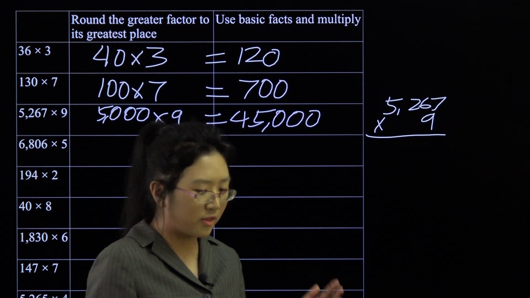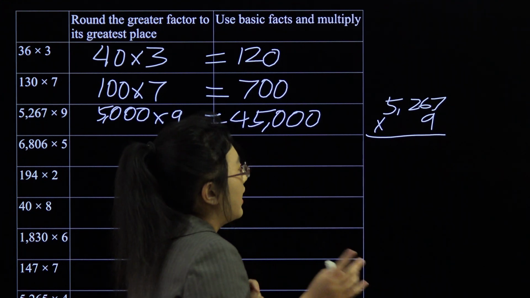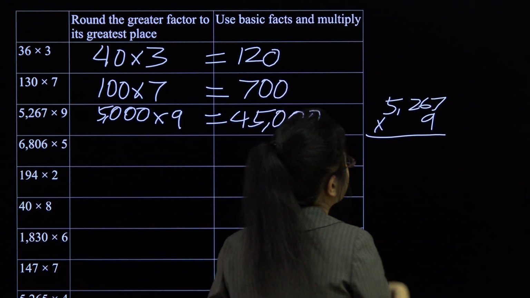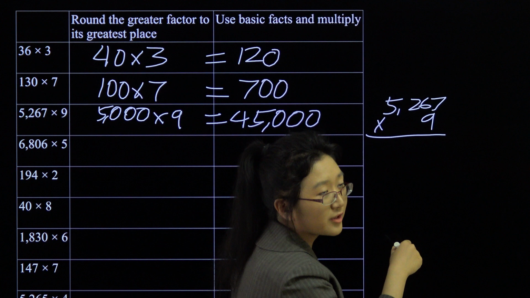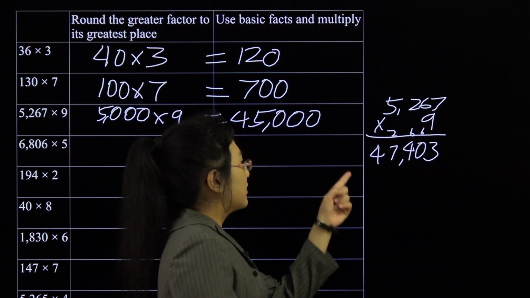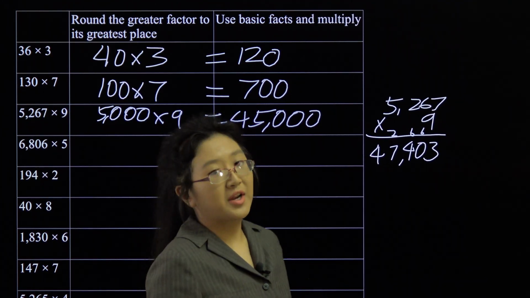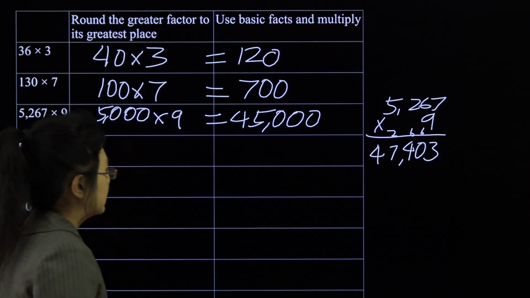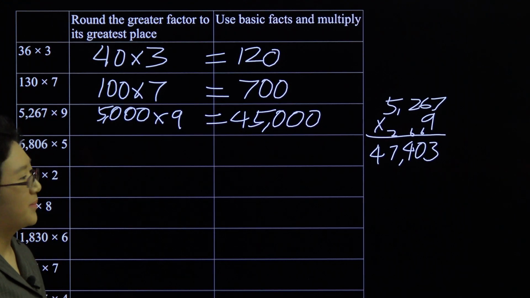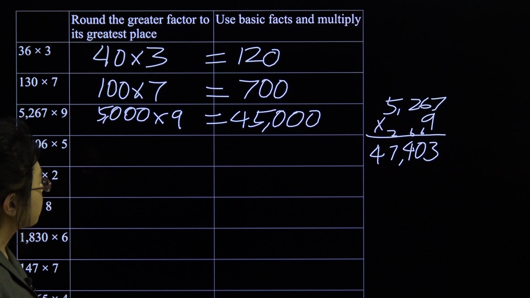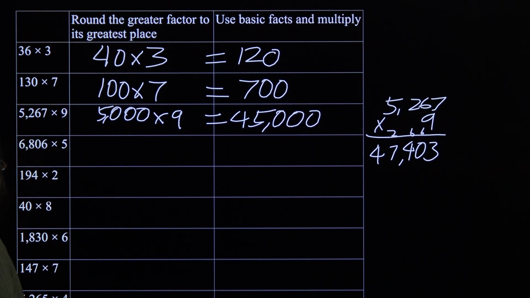Like, you'd think you'd learn the real thing first. Anyhow, I'm going to skip over this. We get that the actual answer is 47,403. I mean, it's not the best estimate I've seen. Not the absolute worst either, so we move on.